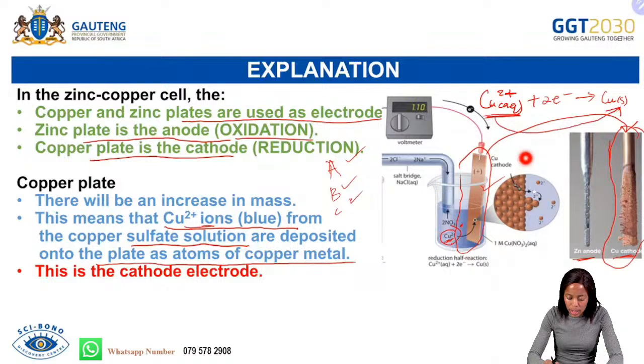So we are saying that Cu2+ aqueous, it is in what? It is in the electrolyte, it is in solution. It is going to move to the electrode. So as Cu2+ aqueous moves to Cu solid, then the copper electrode will do what? Will increase in mass there.